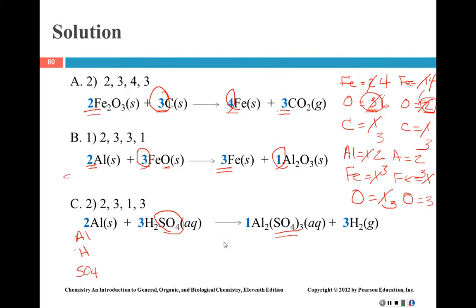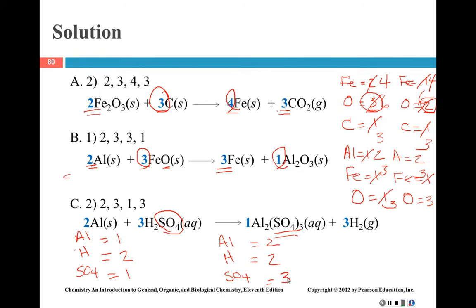Okay, and on this side we'll have aluminum, hydrogen, and SO4. And so originally I've got 1 aluminum and 2 hydrogens, and I've got 1 SO4. I've got 2 aluminums, 2 hydrogens, and 3 SO4s.